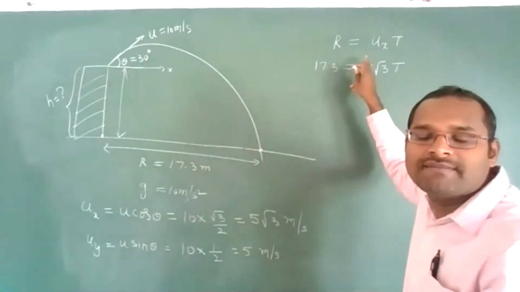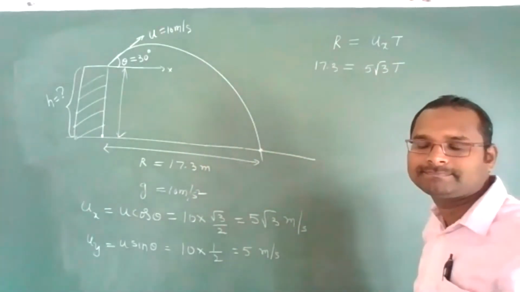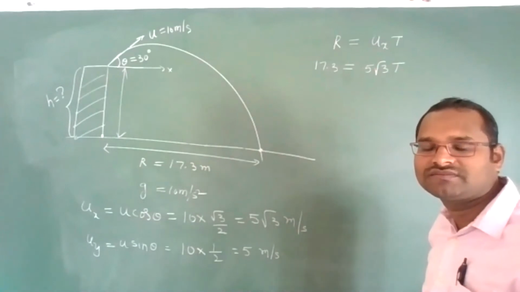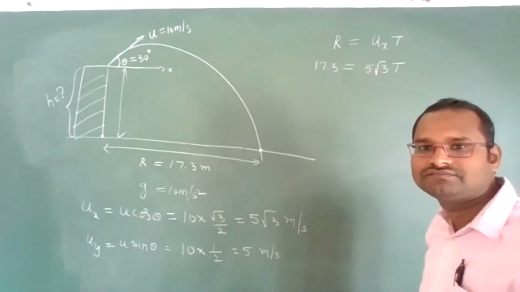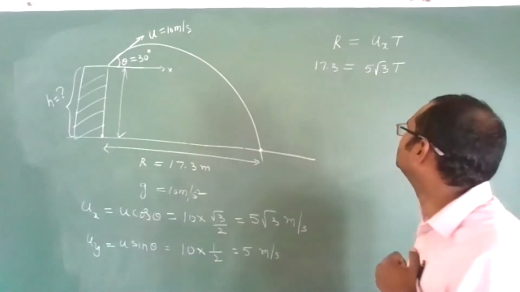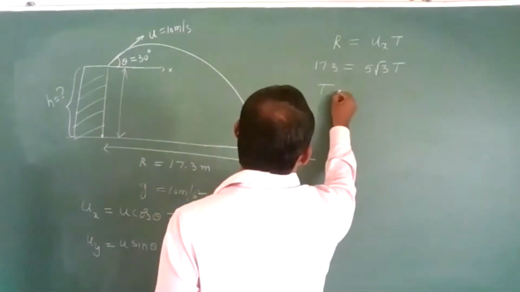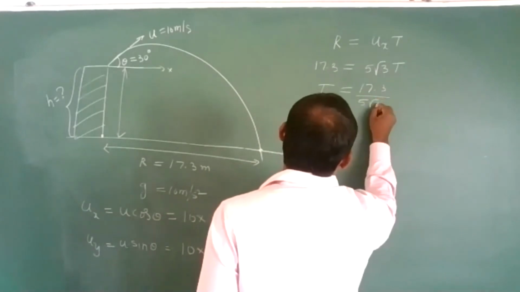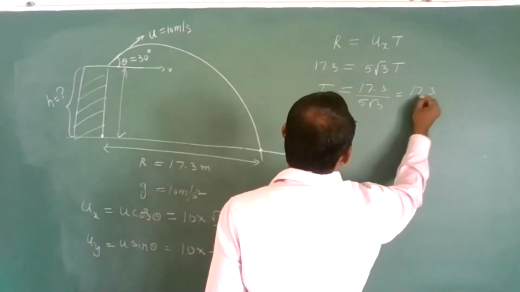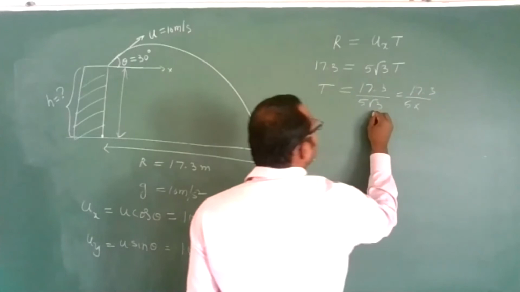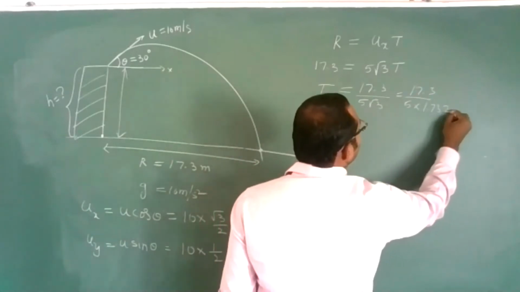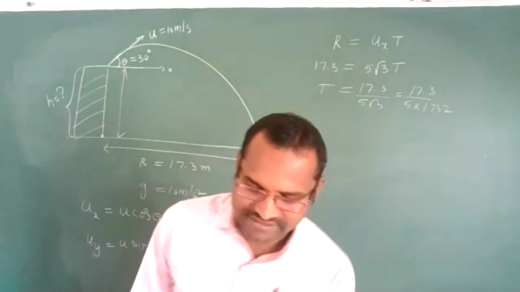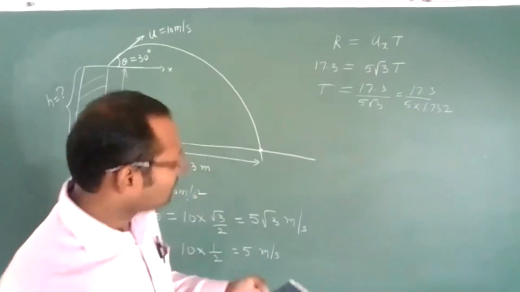That's why I am using this formula. So time of flight is equal to 17.3 divided by 5 root 3, that is 17.3 divided by 5 into root 3 value 1.732. It is around 2 seconds.